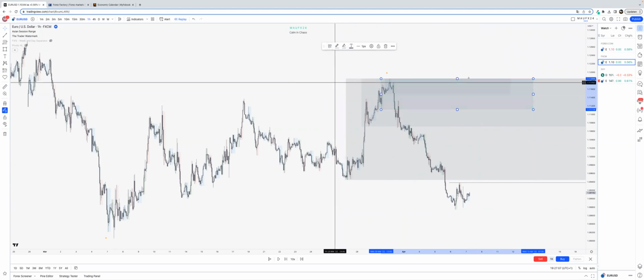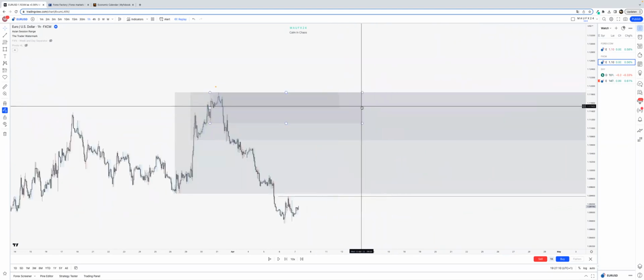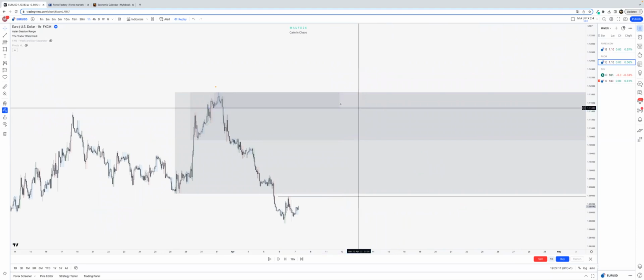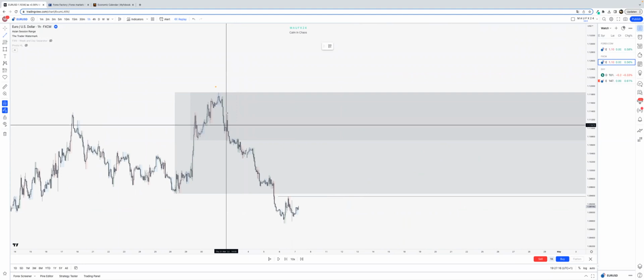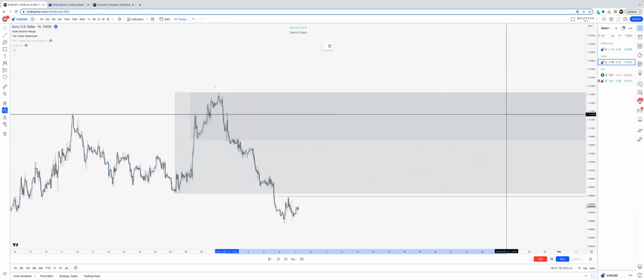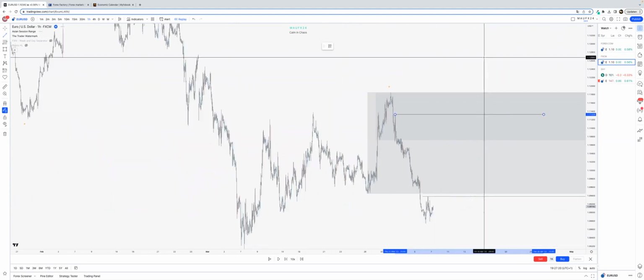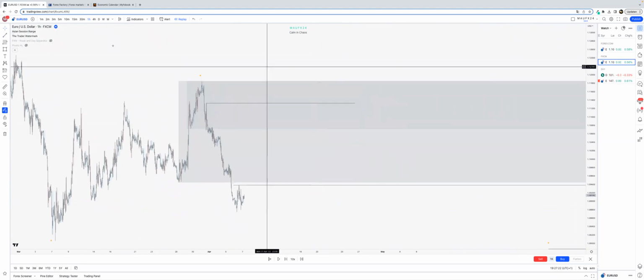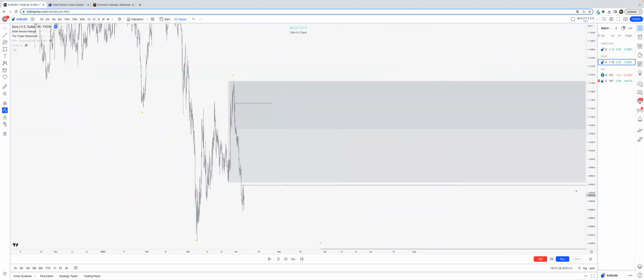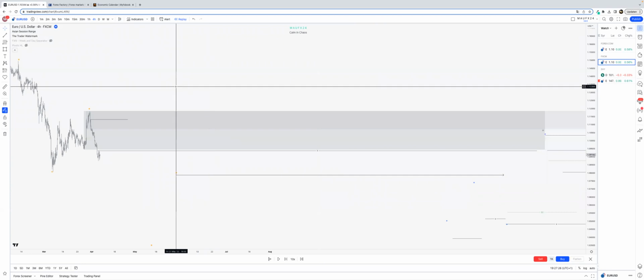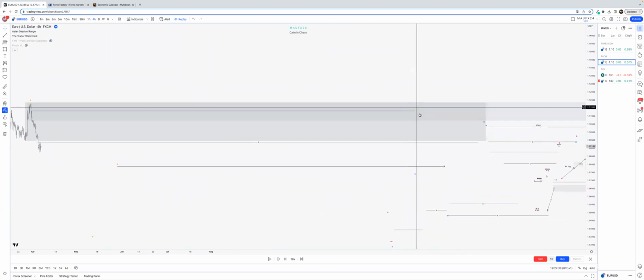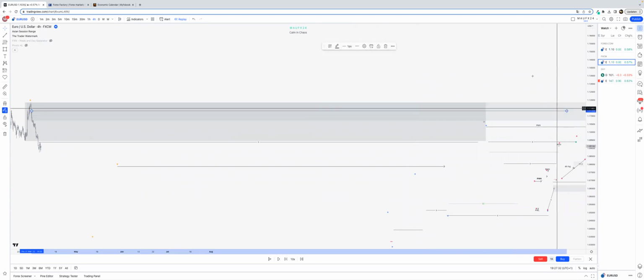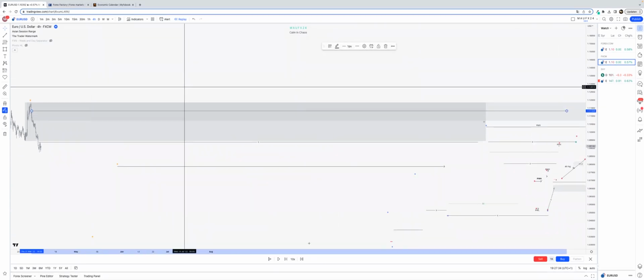These are some supply zones, but I don't like to mark it out like this. It's a bit too much, really. So instead, I prefer just to mark out this liquidity. And we can look for a nice 5-minute shift. Or maybe proper structured turnaround from this area. That would be nice.